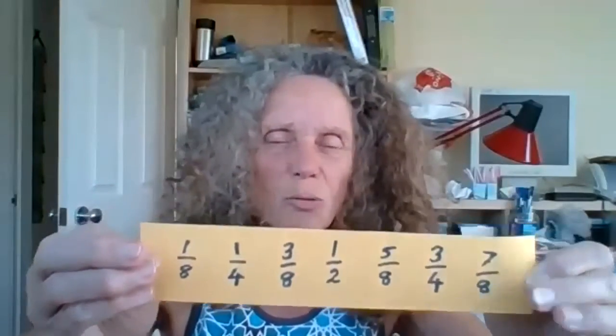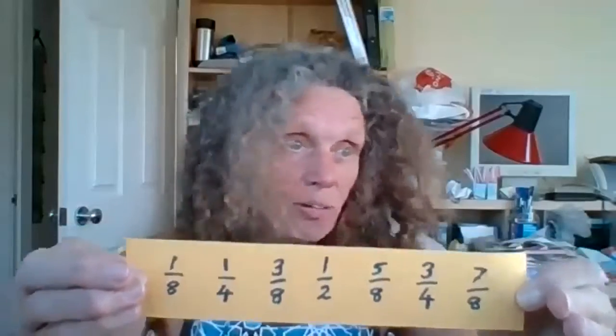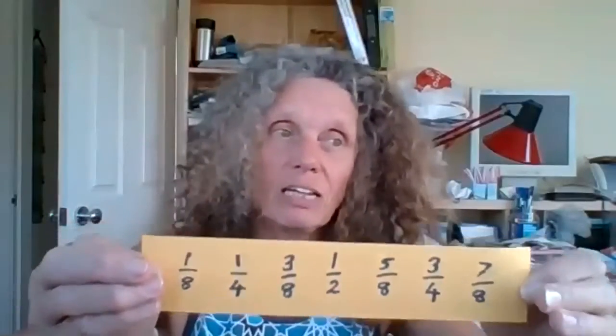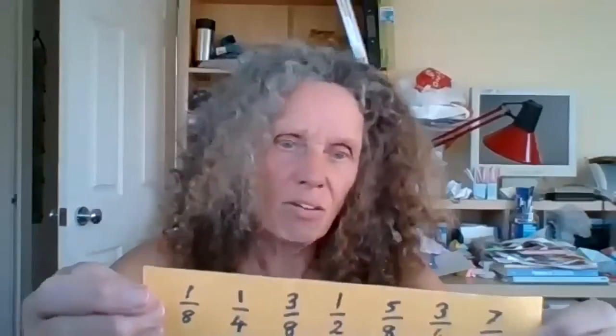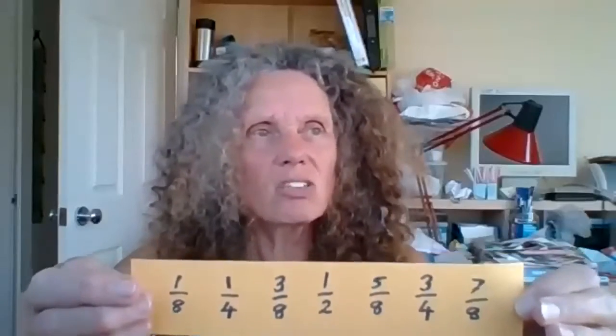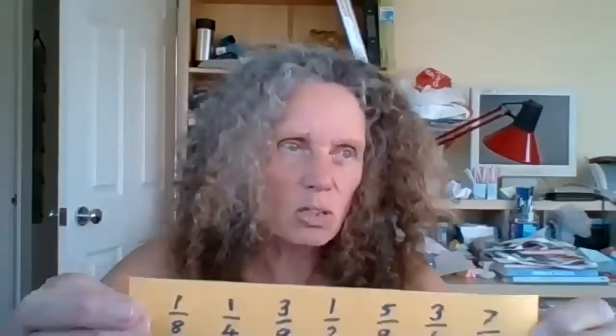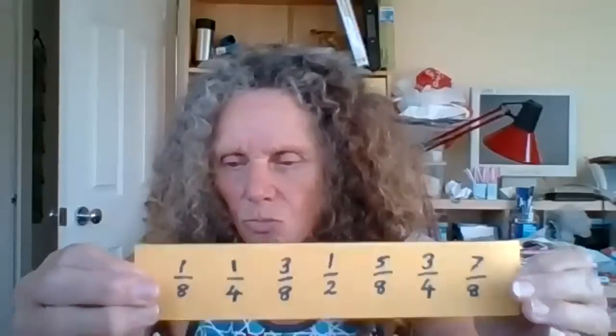And so I can say 1/8, 2/8, 3/8, 4/8, 5/8, and actually that's really easy. But once I start saying 1/8, 1/4, 3/8, half, 5/8, 3/4, that starts to get quite messy, and it's even worse once you get into 16ths and so on. But that notion of equivalence is really important for learners.